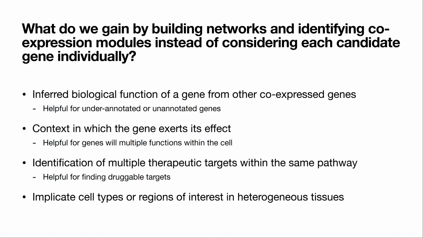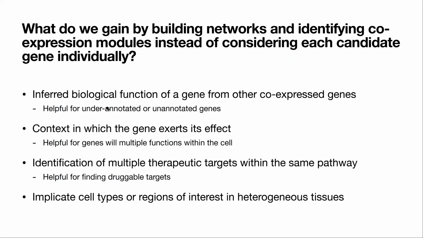And so what do we gain by building these networks and identifying co-expression models instead of just considering each of the individual candidate genes? We have found this in our research to be extremely helpful when we start looking at under-annotated or unannotated genes. This could be protein coding genes, non-coding genes, or small RNAs where we may not have the KEGG information, we may not have the GO information.